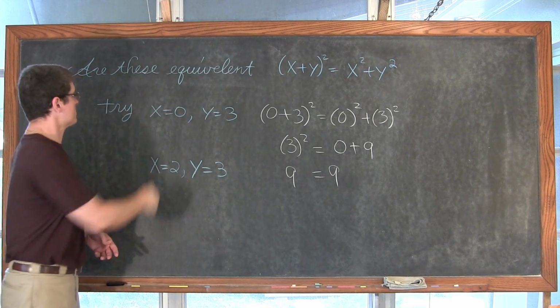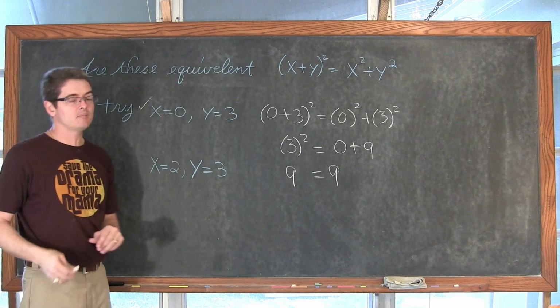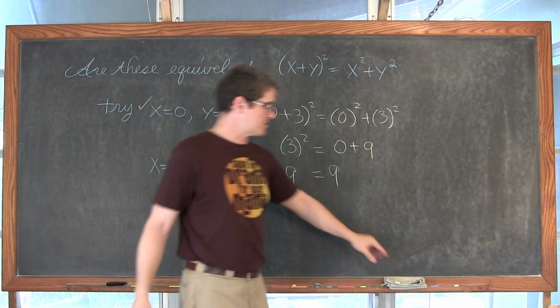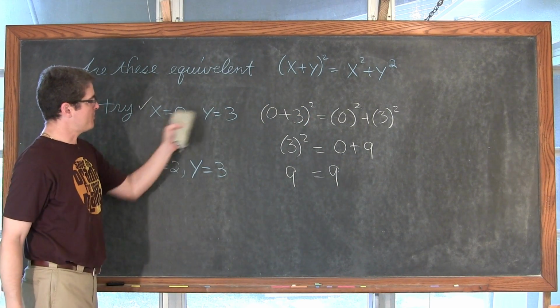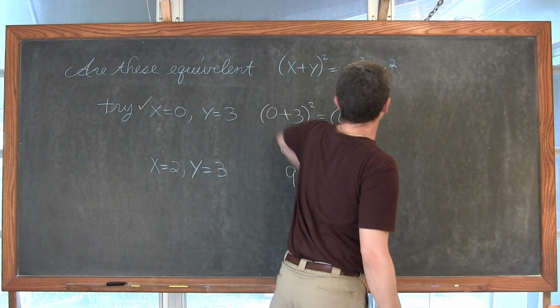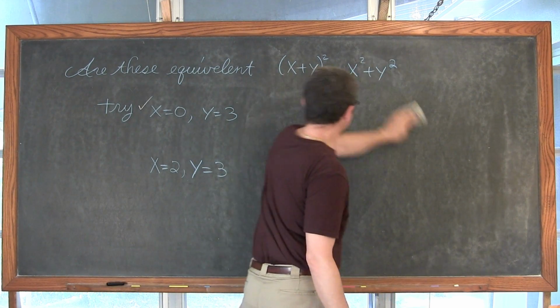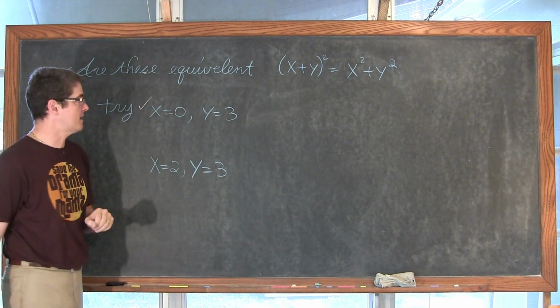So, looking like we're checking out, okay, that these are equivalent, but I told you my students do this all the time, or tell me this is correct all the time, and it's not. So, while we checked out for a couple of values, I don't think it's going to hold up for the next one. Over here, instead of an x value of 0, we have an x value of 2, but the y is staying the same.